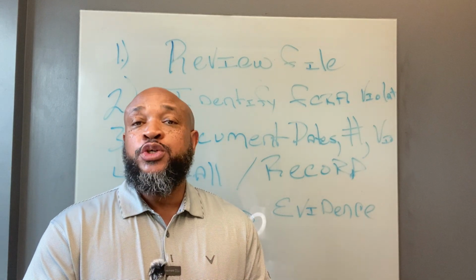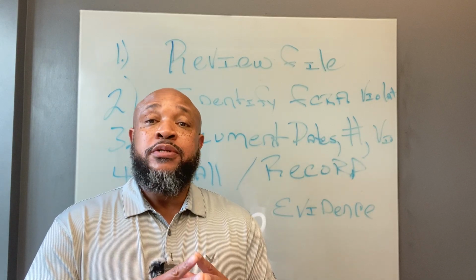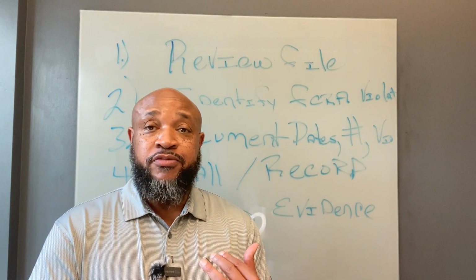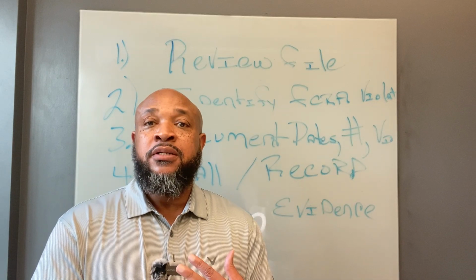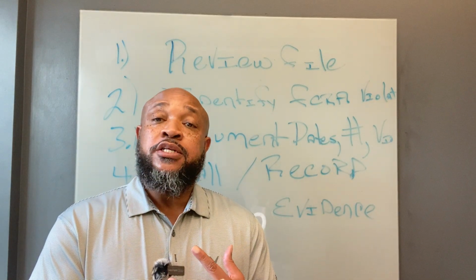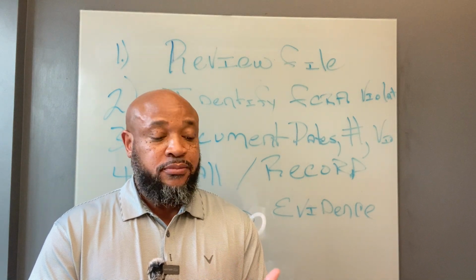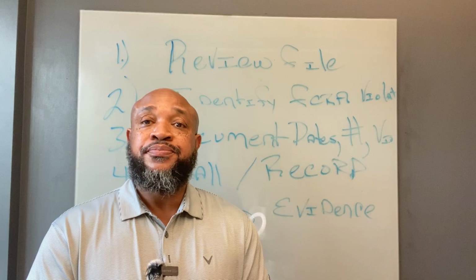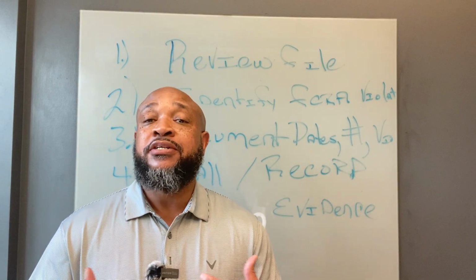Most of the time, credit bureaus fail to do that. They will normally respond account verified or previously investigated, or they'll use another stall tactic, requesting a copy of your ID, Social Security card, and a utility bill, because they're saying they need to verify your identification.